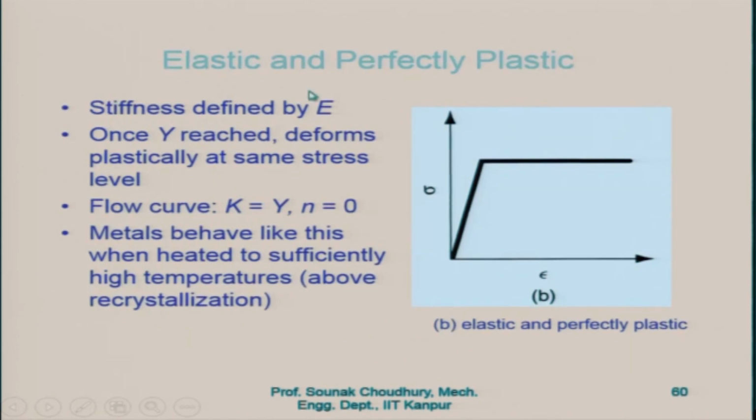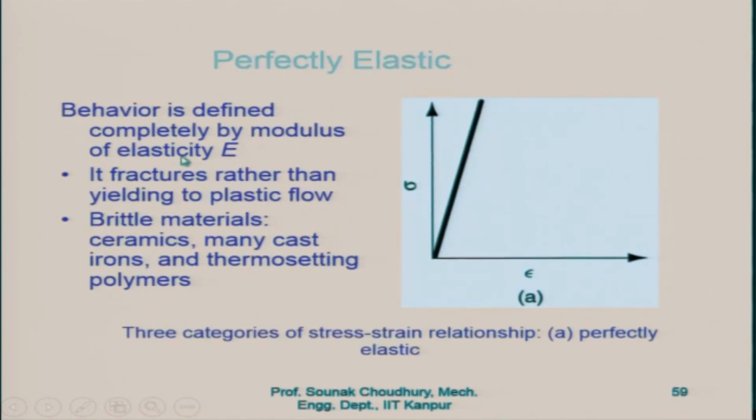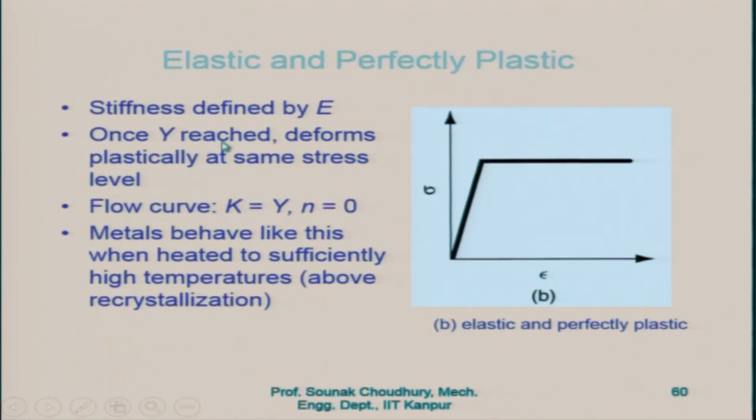Second is the elastic and perfectly plastic. Stiffness is defined by E, okay. This is, as we said, the modulus of elasticity. Once Y is reached, that means this point is reached, it deforms plastically here at the same stress level, okay. The stress level is not changing, at the same stress level it is plastically deformed.